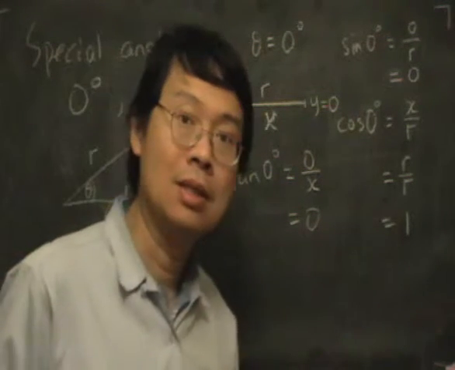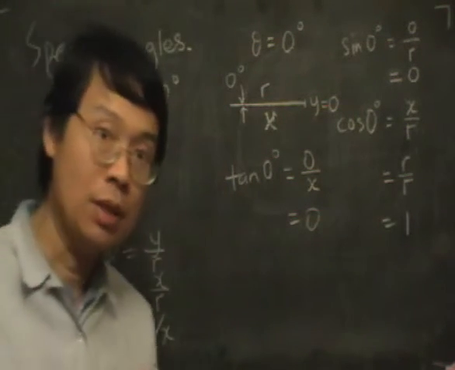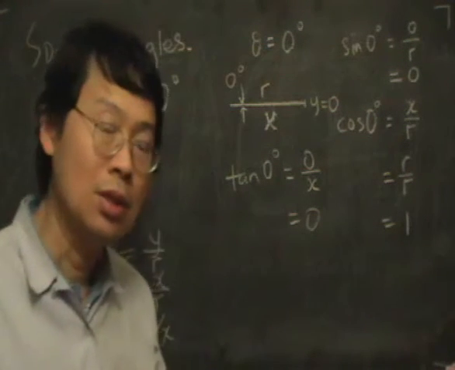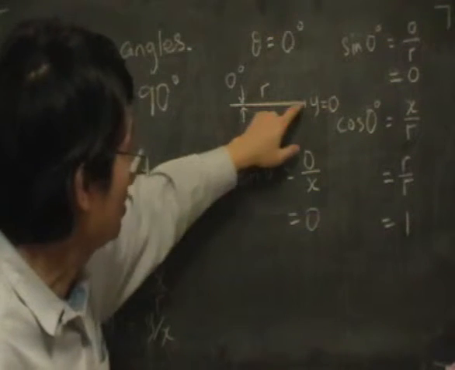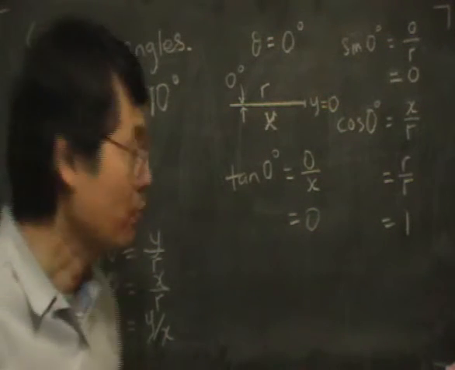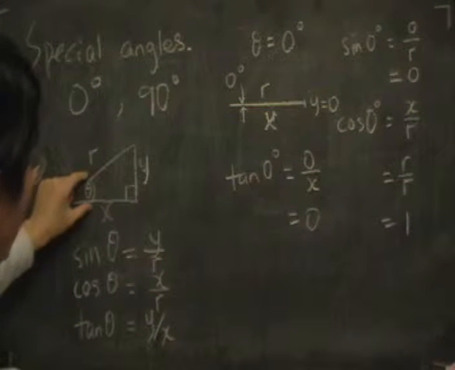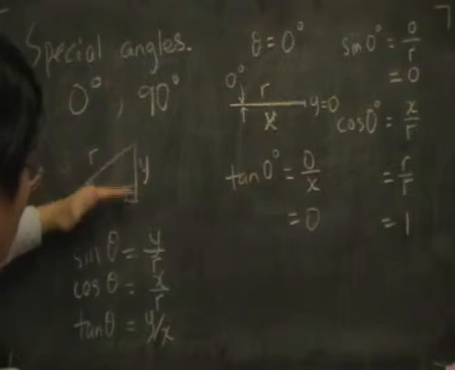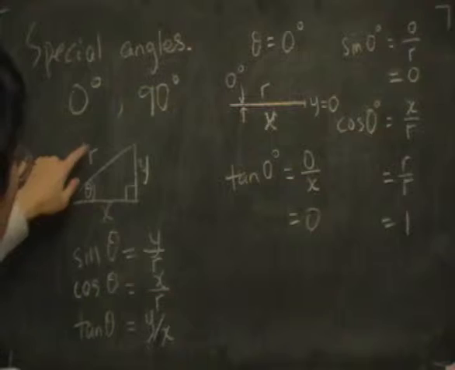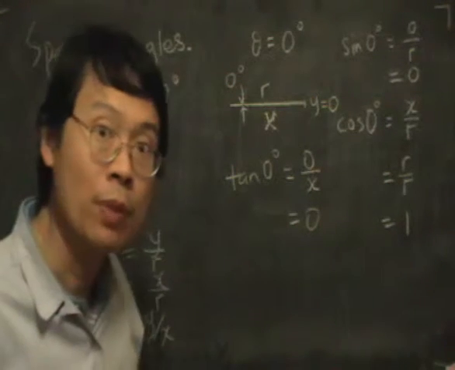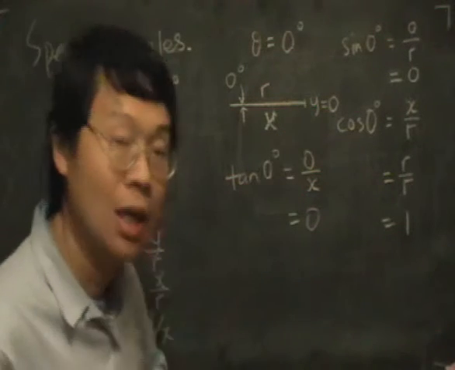Now you can try and remember that, but I would think it's easier if you remember this picture of the triangle. Just imagine a right-angled triangle, but with the angle come down to 0, so that the longest side actually meets with the base, and the height there is 0.